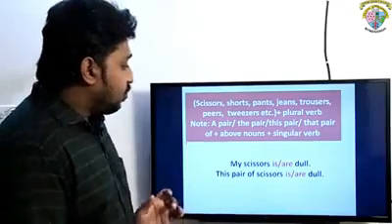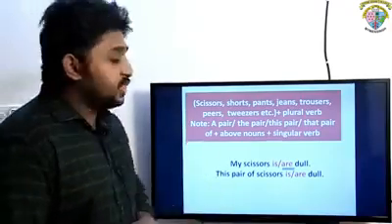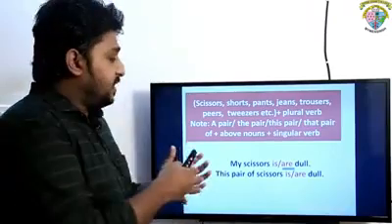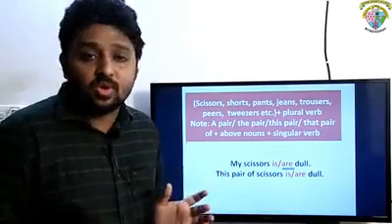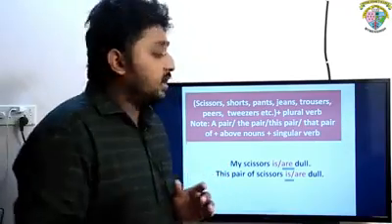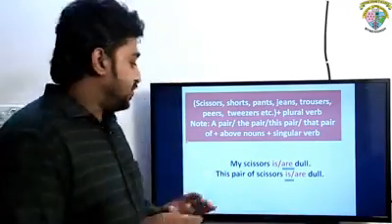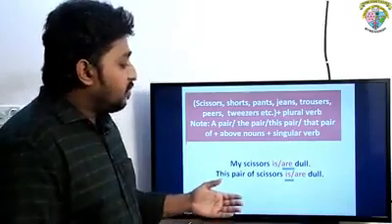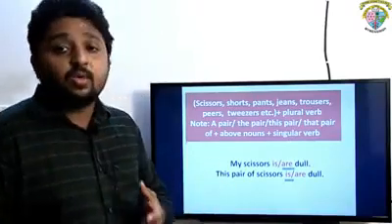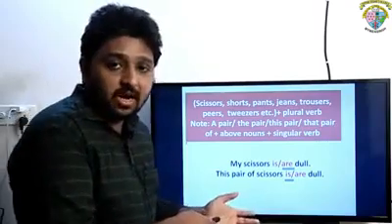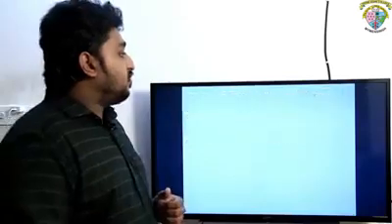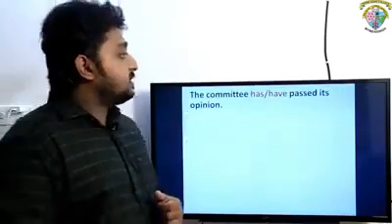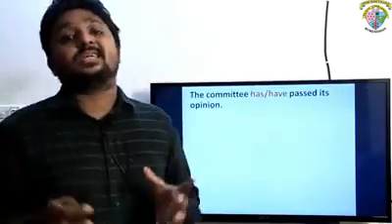But in the next one, this pair of scissors, as we add this pair of before the plural subject, we have to select the plural verb, sorry, I have made a mistake. If we use this pair of before a plural subject, we have to use a singular verb, and the correct answer should be is.